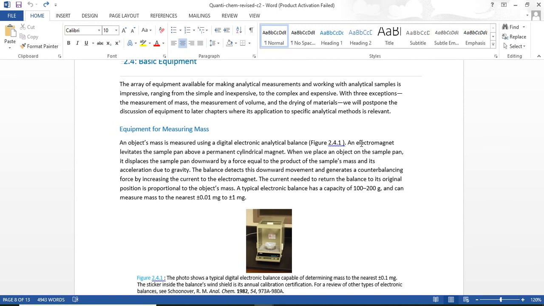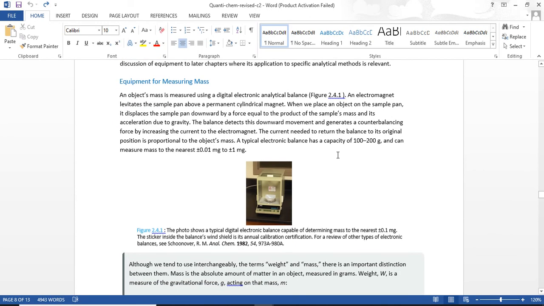Here you have your equipment for measuring mass. Okay, the object's mass is measured using a digital, electronic analytical balance. An electromagnet levitates the sample pan above a permanent cylindrical magnet. When we place an object on the sample pan, it displaces the pan downward by a force equal to the product of the sample's mass and its acceleration due to gravity.